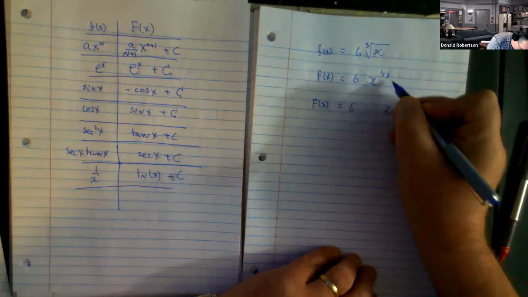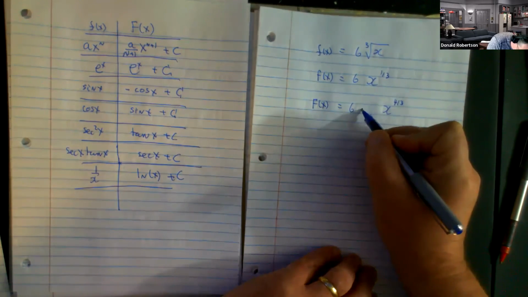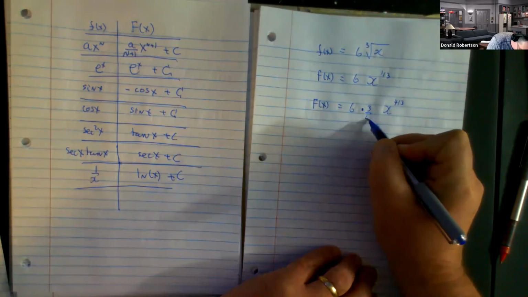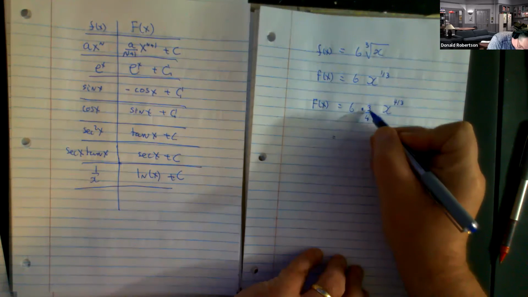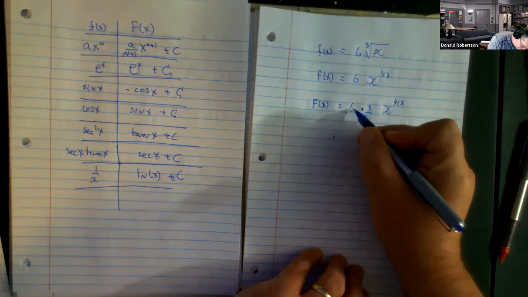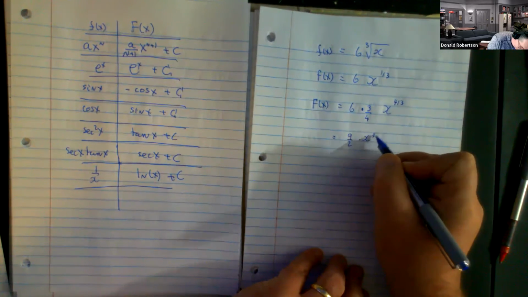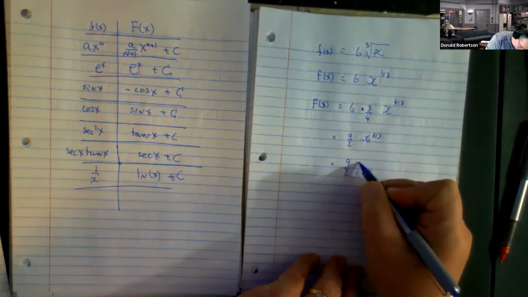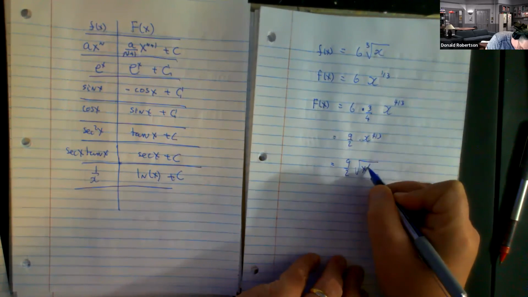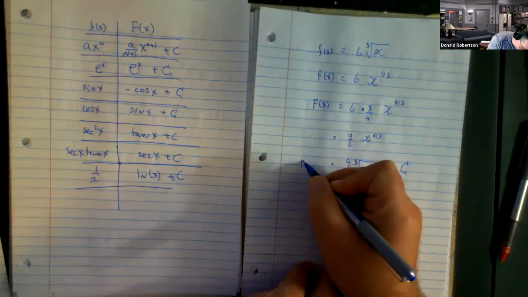Add 1 to that and you get 4/3. Dividing by 4/3 is the same as multiplying by 3/4. That guy times that guy, 2 there, that's 3, 9/2. Make it look like the original, and don't forget your plus C at the end.